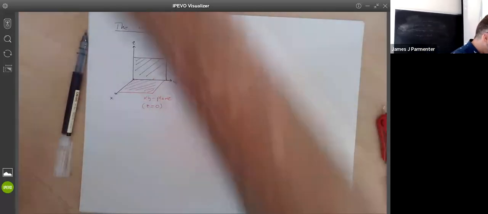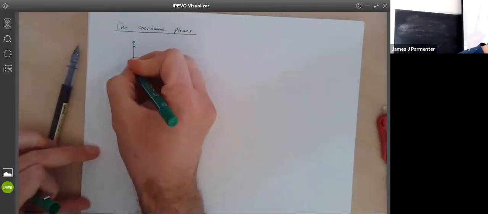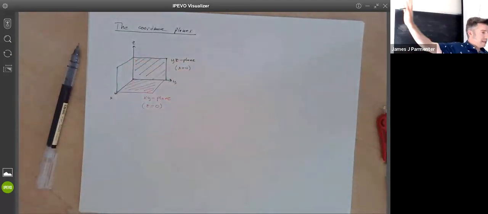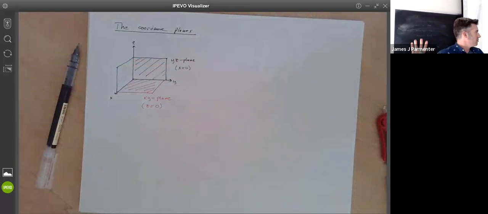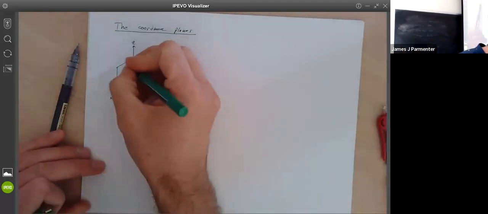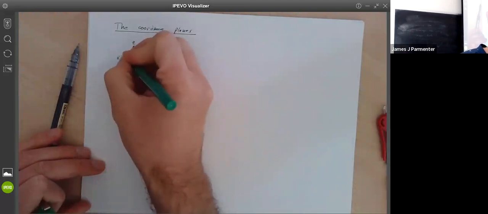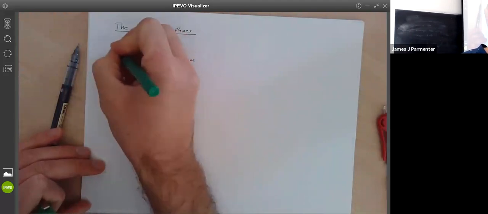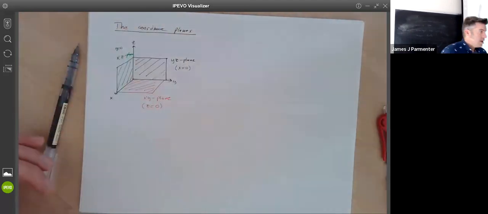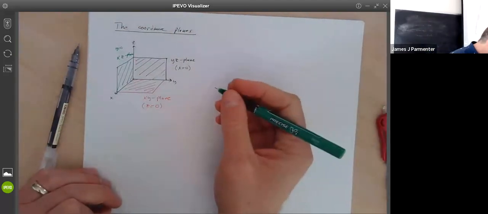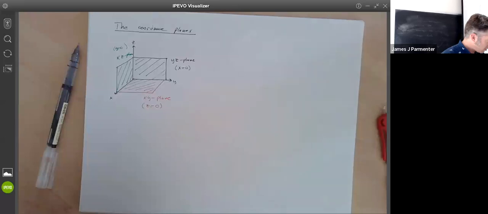And then over here on the left, on the wall with the windows on it, I know it's not perfectly flat, but just imagine it is, we have our XZ plane, where y is equal to 0. I'm always imagining this is the plane that's slicing out towards you. Also, feel free to ask questions if you've got them.